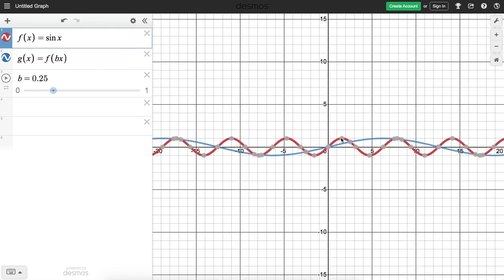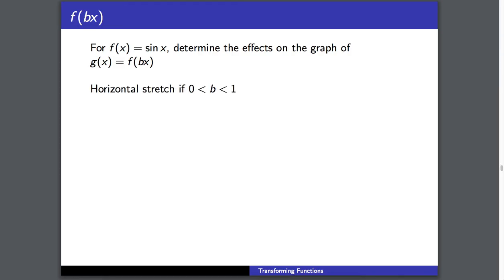So now our point is going to be much further away from the y-axis than it used to be. It's not very feasible to show all these radians here right now. But if b is between 0 and 1, it's a horizontal stretch.